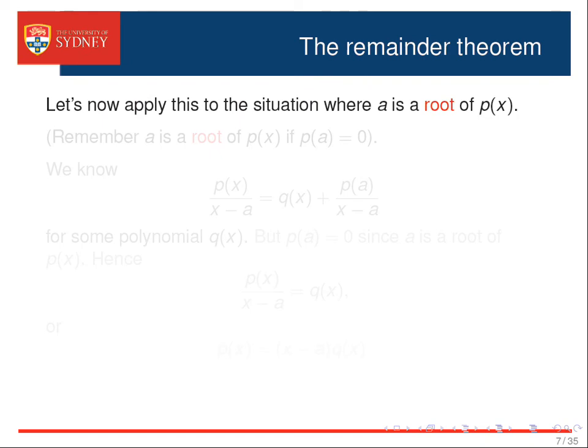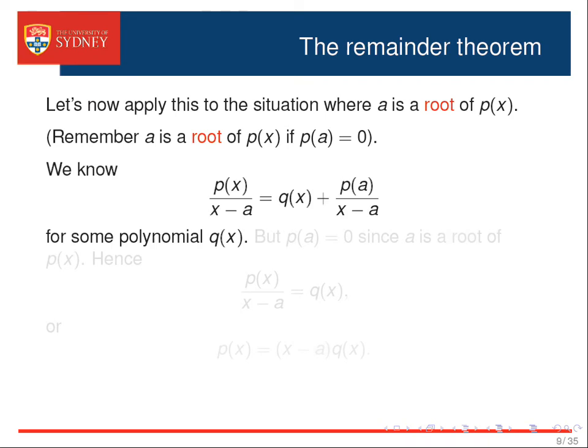Let's think about what happens when the number a is a root, or solution, of the polynomial p of x. The remainder theorem tells us that p of x on x minus a is q of x plus p of a on x minus a. But by the definition of a being a root of p, p of a must be 0. So p of x on x minus a must just be q of x for some polynomial q of degree 1 less.